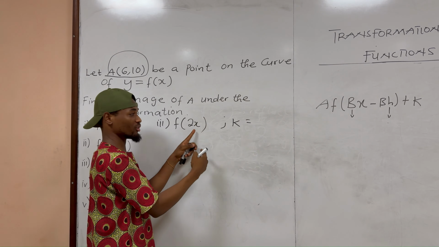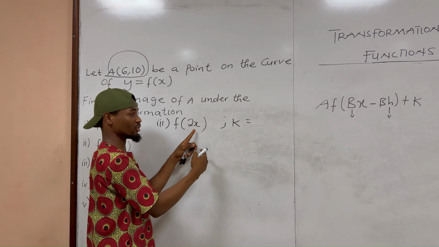So now the image of A with coordinates 6, 10. So the image of A becomes A prime, then we have my 6. Because this is a horizontal stretch, we are going to multiply.